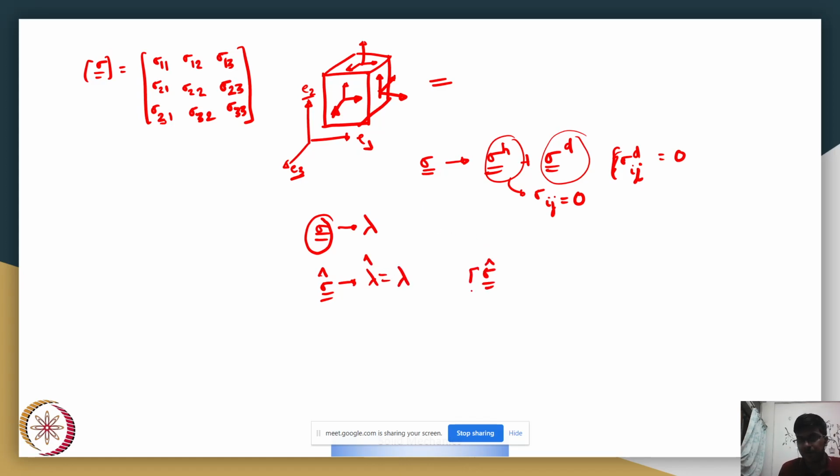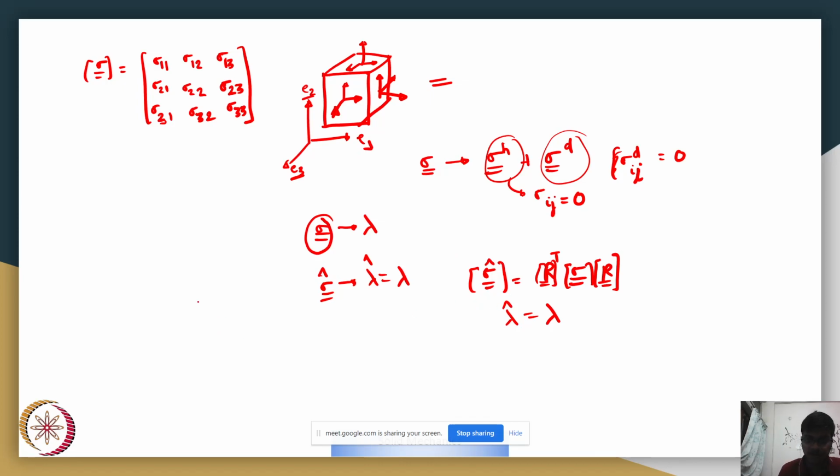So if you remember, we write sigma cap is R transpose sigma R, and when we write it in its characteristic form, we end up with lambda cap equal to lambda. This tells us that we can rotate to any new coordinate system and still have the same principal stresses.